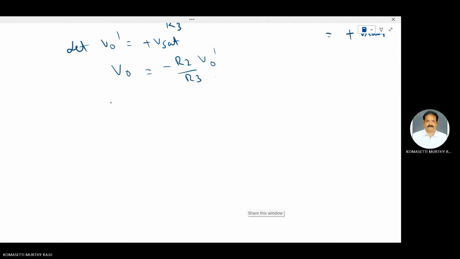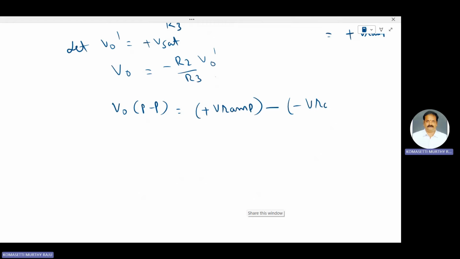V0 peak to peak of the triangular waveform is plus V ramp minus of minus V ramp.